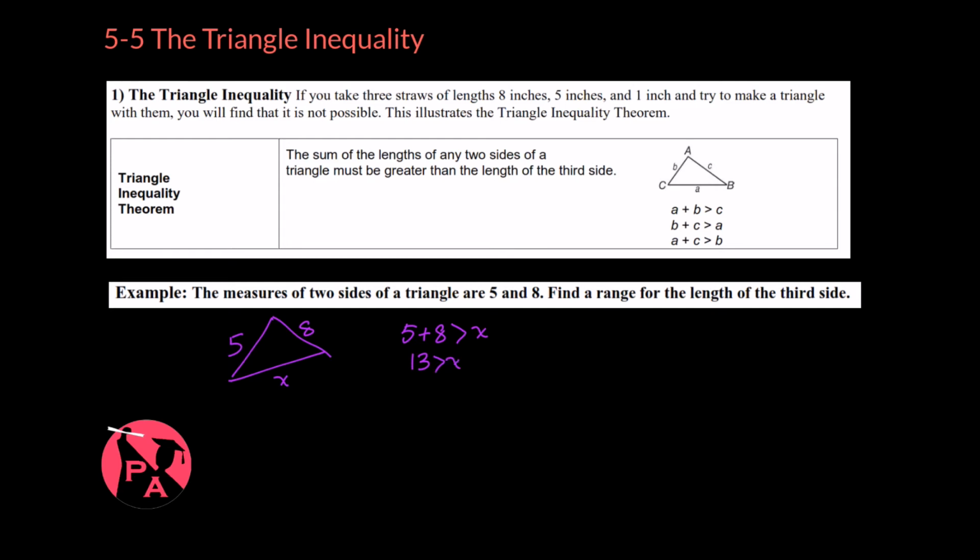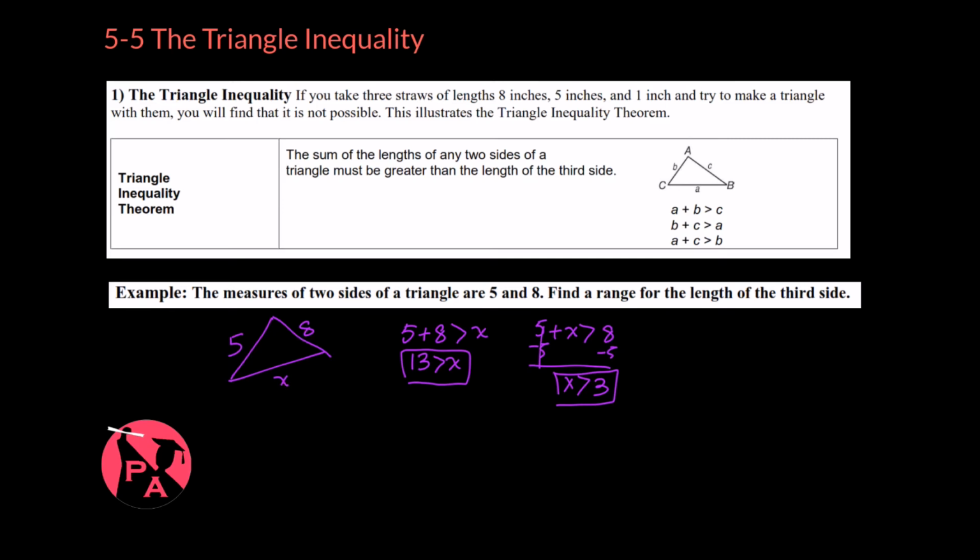If we choose another pair, like 5 and x, their sum must be greater than 8. So if we subtract 5 on both sides, we will get x is greater than 3. This is the second inequality, this is the first one. Then there is one more possible inequality, so we can pair these two sides.